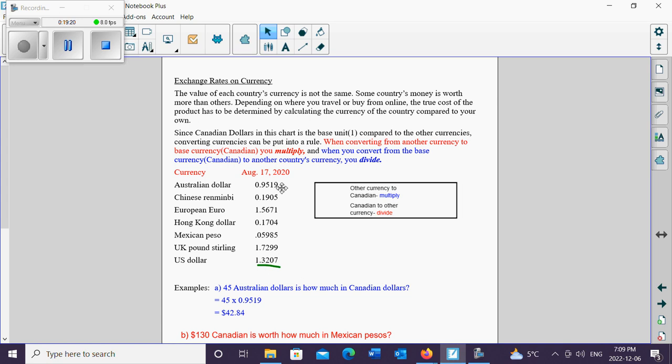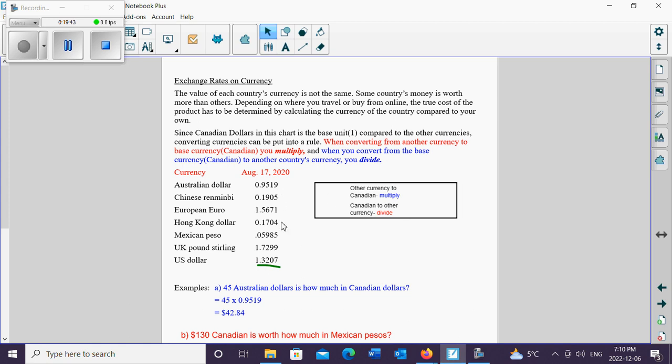If you were in the States, probably the American dollar would be the base number. So this would say other currency to American and American to other currency if you're in the States. But we're not. We're talking Canadian dollars. So this rule of thumb can be written down and kept in your head a little bit better as this little rule here in the box.